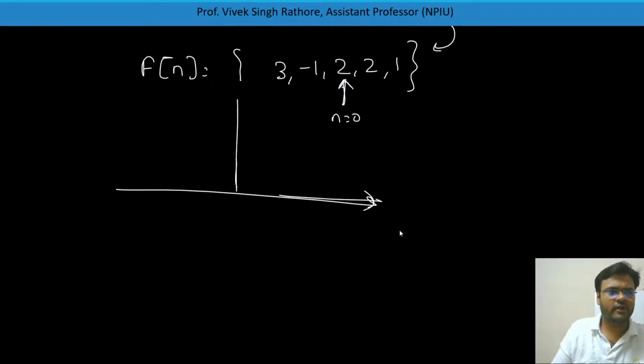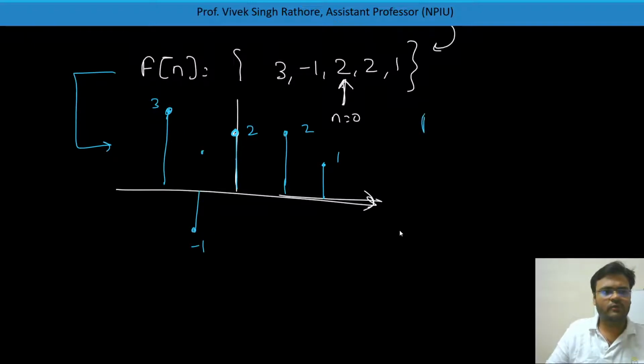For n equal to 0 the value is 2. For n equal to -1 the value is -1. For n equal to -2 the value is 3. For n equal to 1 the value is 2, and for n equal to 2 it is 1. So this can be plotted like this.